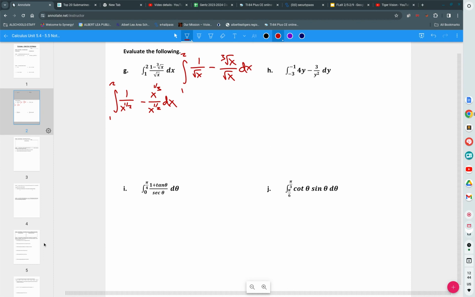And what's the antiderivative of 1 over x to the 1/2? Let's see what Aiden did there. He sees that 1 over x to the 1/2 is x to the negative 1/2. Negative 2x. So we'll do that in a second, okay? So we're rewriting.